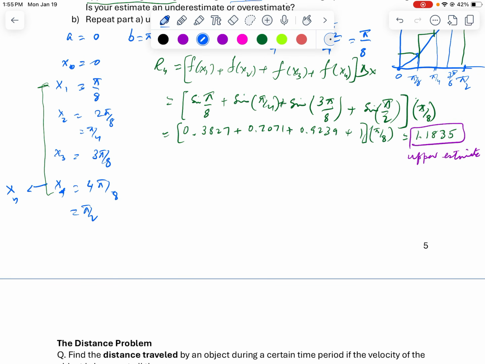So what will the figure be like? This is our graph, and now I have to make the divisions, but we will be using the left points this time.